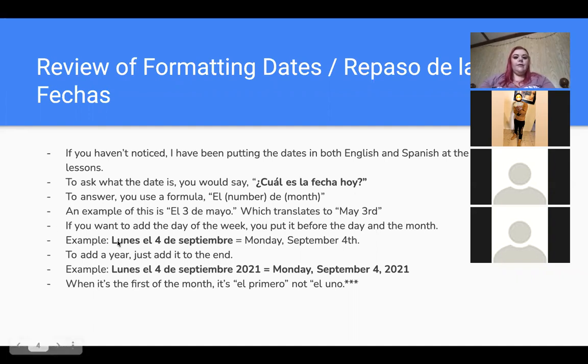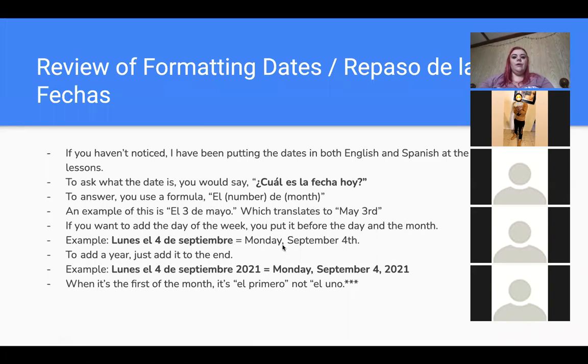If you want to add the day of the week, you put it before the day and the month. So you put it before this formula. So an example that we have here is lunes el 4 de septiembre, which is Monday, September 4th. And then easy enough to add a year, you just add it to the end.